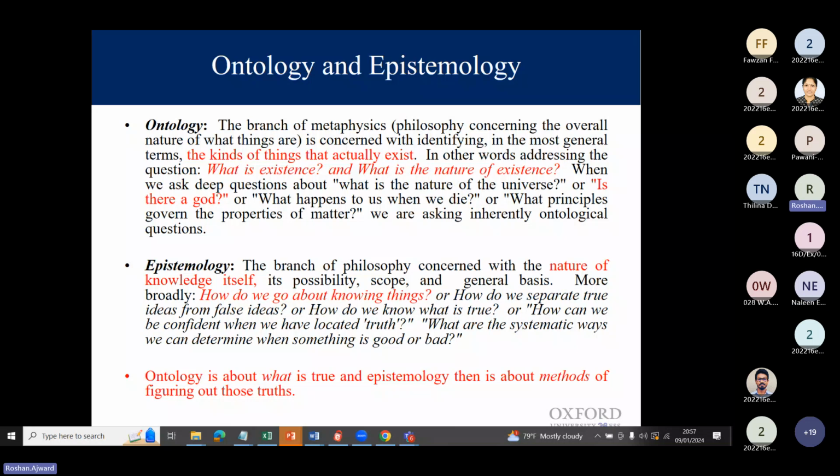They are asking how he knew. If you're asking whether something exists or not, it's an ontological question. Then how you know about it, how you got to know that it exists or not, is a different thing. That's called an epistemological question.